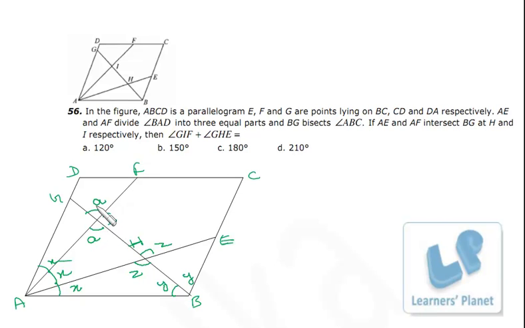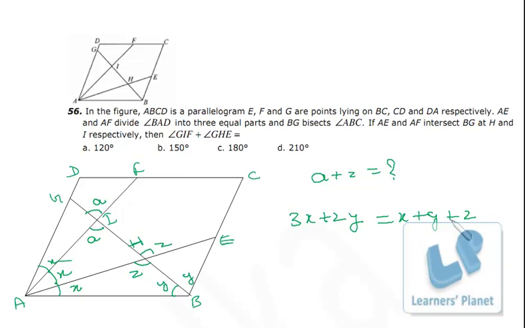Now we wish to have the calculation, that is A plus Z is equal to what, right? Now in a parallelogram, sum of interior angles, this plus this, should be 180. So precisely 3x plus 2y is 180. Okay, and apart from that we have a triangle, that is also 180.